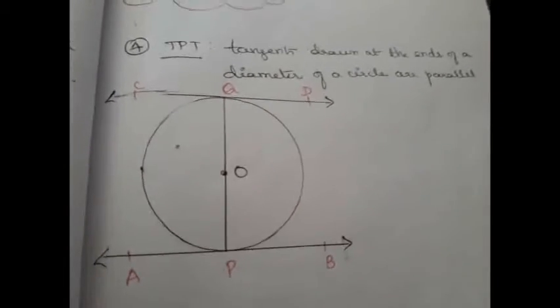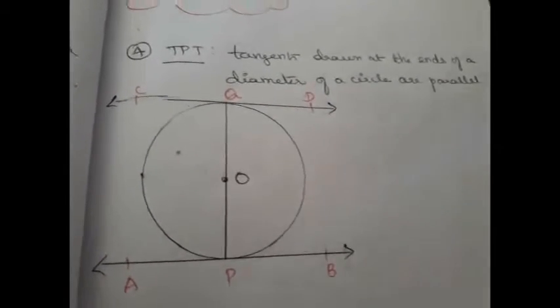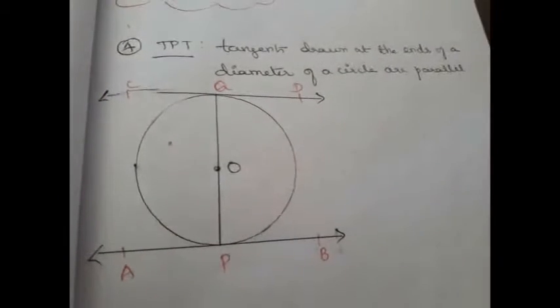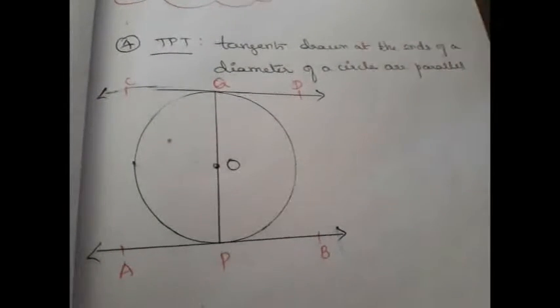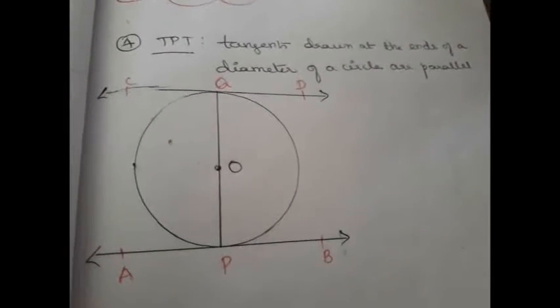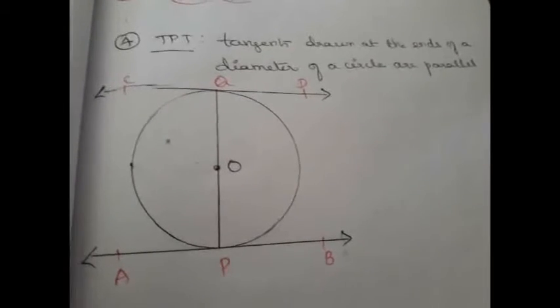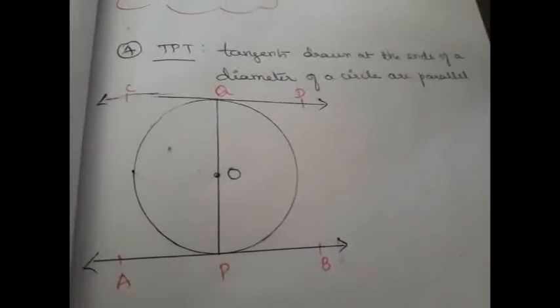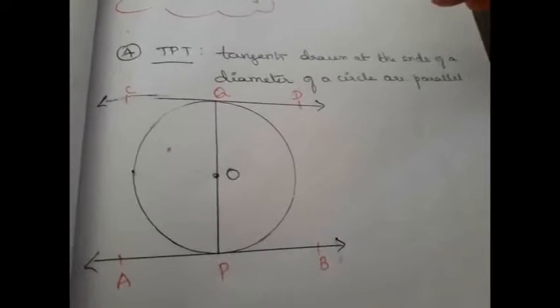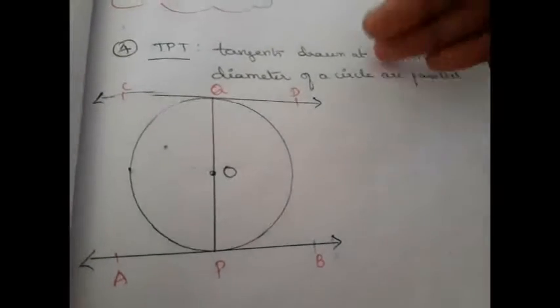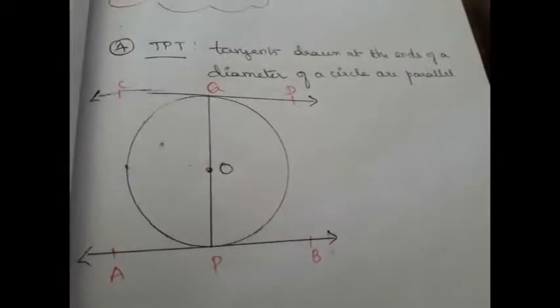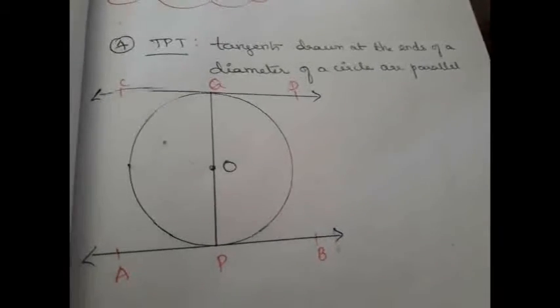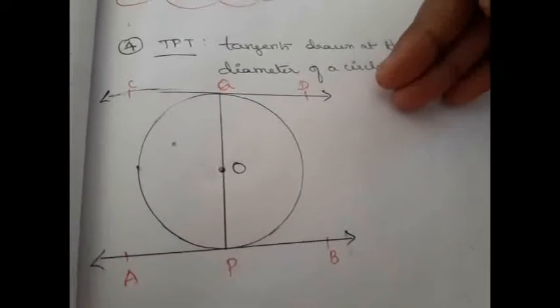If the lines are parallel, then the alternate angles are equal, corresponding angles are equal, and co-interior angles are supplementary. And if these conditions hold, then the two lines are parallel.